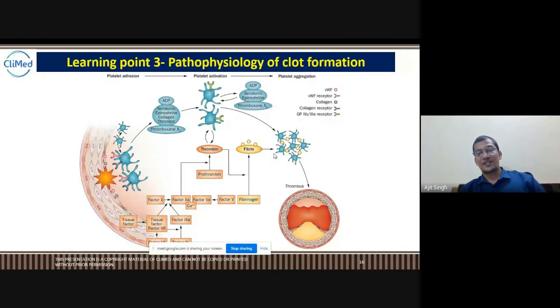Now this Stewart factor will convert prothrombin, or factor 2, into 2A, prothrombin to thrombin. And then thrombin will convert fibrinogen into fibrin. Fibrinogen is factor 1, 1 to 1A. Fibrin means the mesh.